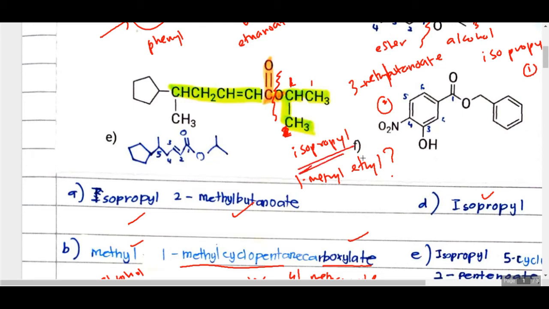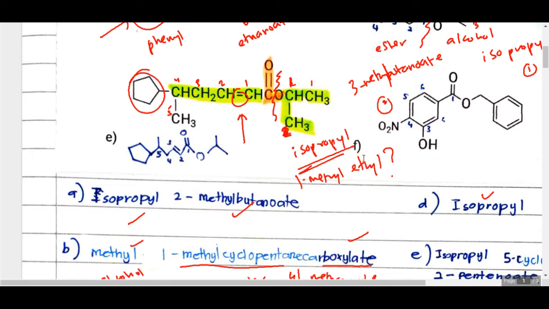All right, what about this one? Number one, number two, number three, number four, number five. Not only that, we have a substituent of cyclopentyl and also an alkene. Remember, guys, any alkene as a substituent for the higher priority group will be considered as a substituent. However, we put it inside the parent name. So the longest chain is 5.